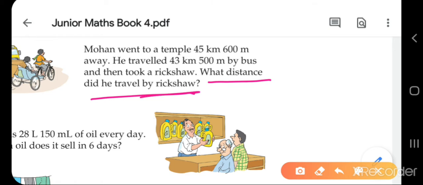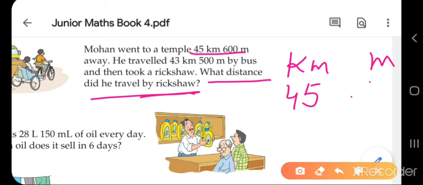So let's start. You have to find what distance he traveled by rickshaw, so you have to subtract in this question. Again you can write kilometer and meter. The total distance was 45 kilometer 600 meters, and he traveled 43 kilometer 500 meter by bus.